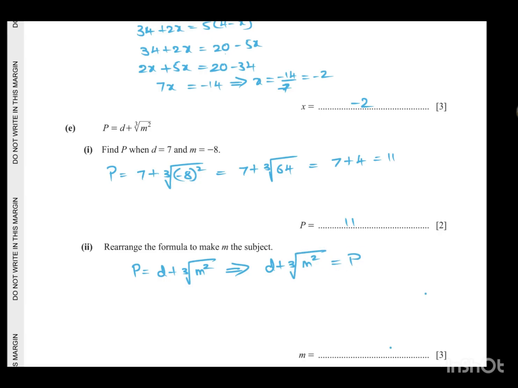Now keeping cube root of m square here, bring the d onto the other side. Cube root of m square is equal to P minus d. Because it is cube root on the left hand side, we need to cube on both sides so that your cube root is removed, cubing on both sides.